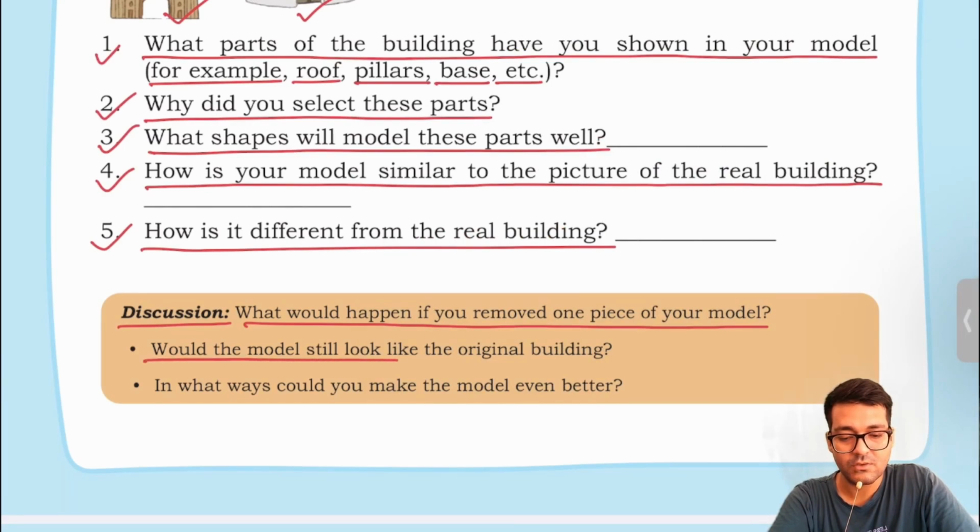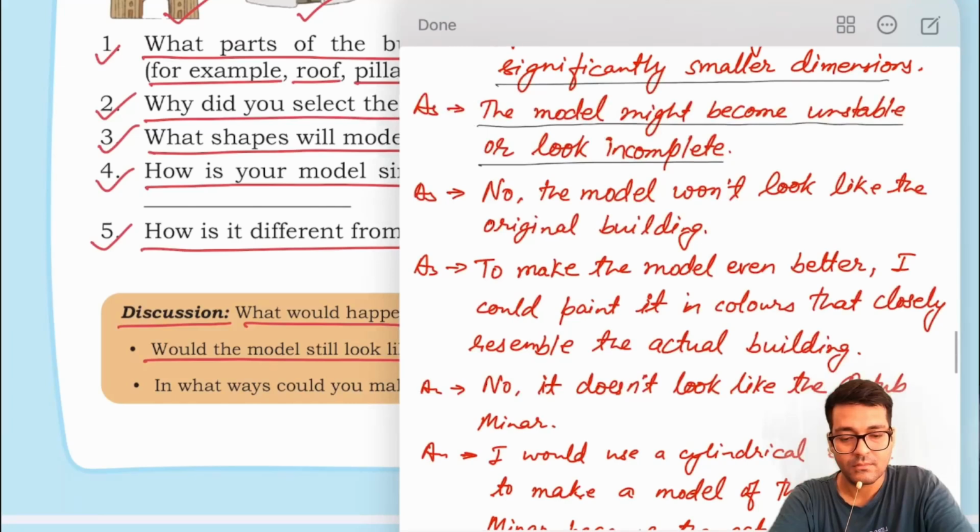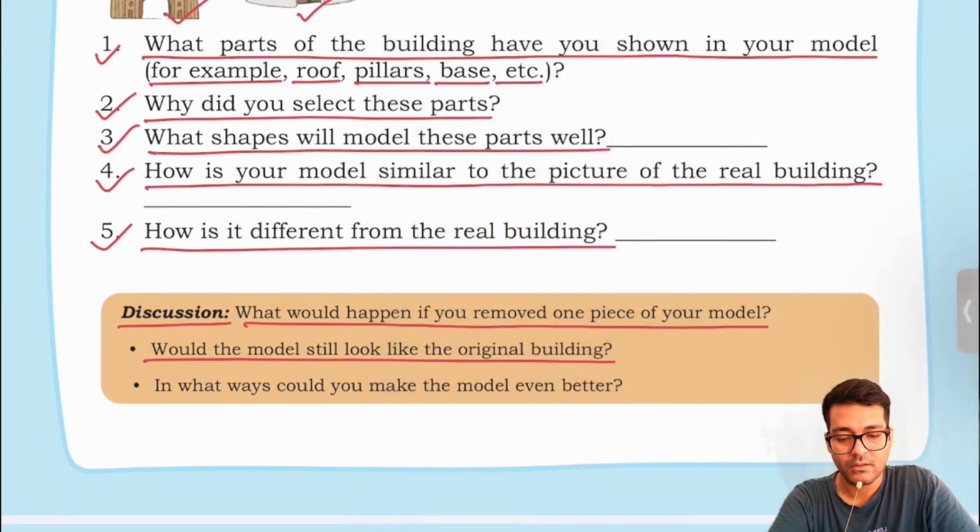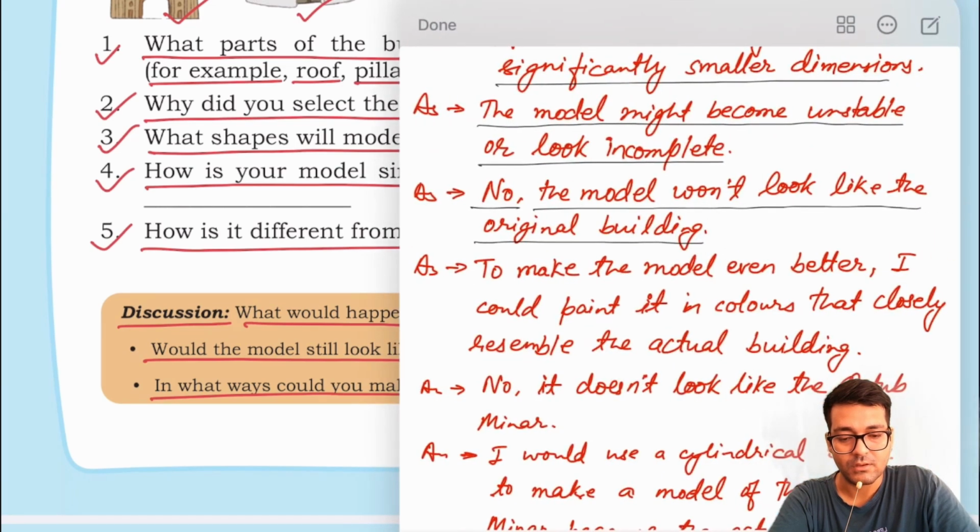Would the model still look like the original building? Answer. No, the model won't look like the original building. In what ways could you make the model even better? Answer. To make the model even better, I could paint it in the colors that closely resemble the actual building.